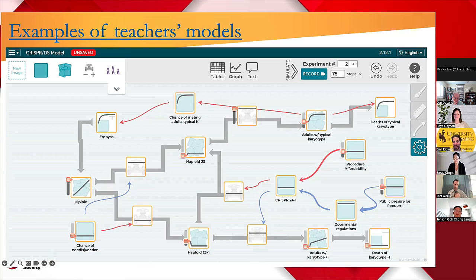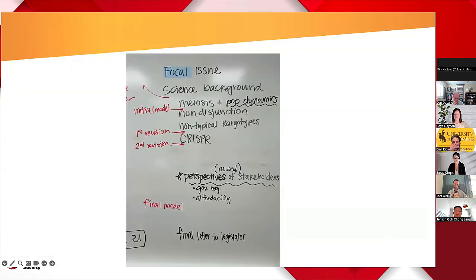Those are some of the artifacts, and this is how, before writing, they started to share how they were going to build the unit, and you can see the iterative nature of modeling that they integrated into the unit.